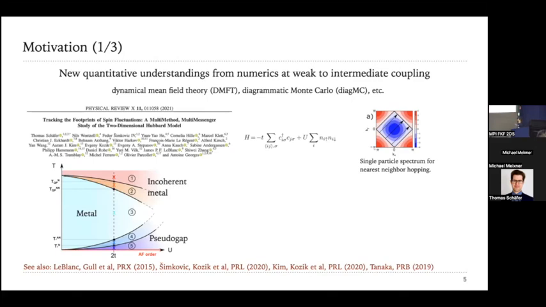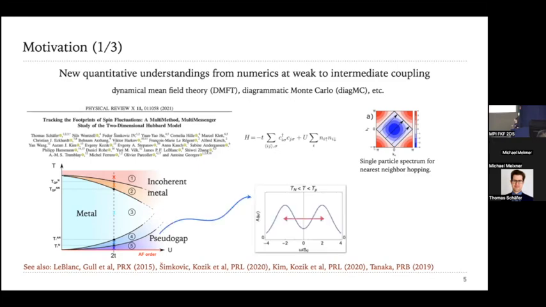Because it's only nearest neighbor hopping at half-filling, the Fermi surface is perfectly nested. As a result, one only needs an infinitesimal Hubbard interaction U to induce the antiferromagnetic order. In this purple region, they found Pseudogap behavior that doesn't depend on temperature significantly, which is also consistent with experiments.